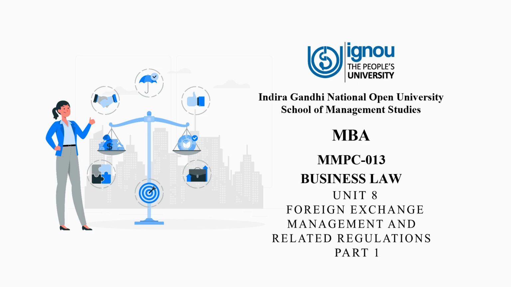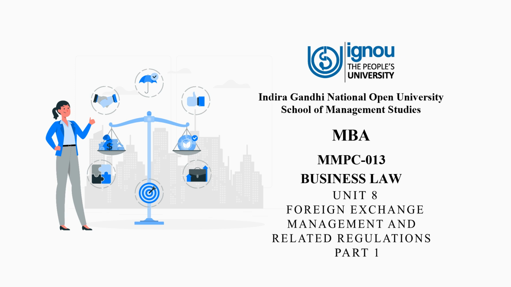It also includes: Number 1, Rules made by Ministry of Finance under Section 46 of FEMA, that is, subordinate or delegated legislations. Number 2, Regulations made by RBI under Section 47 of FEMA, that is, subordinate or delegated legislations.